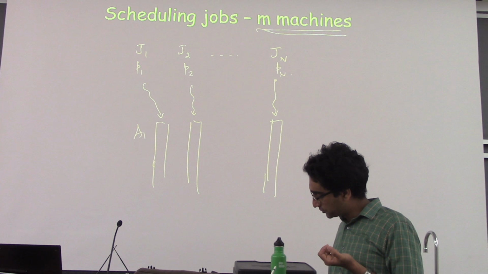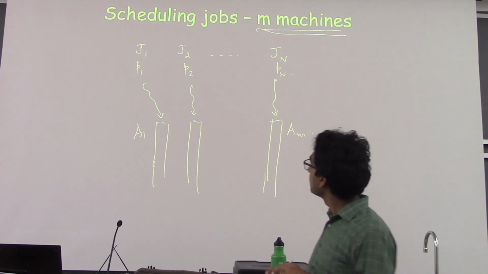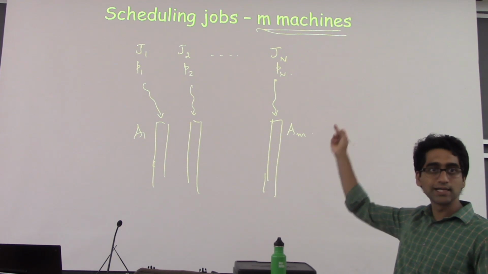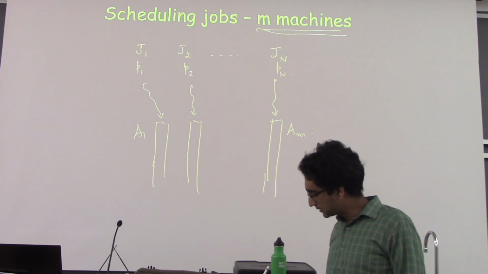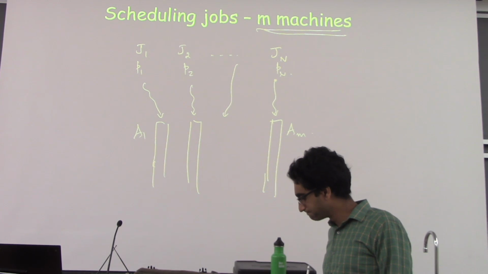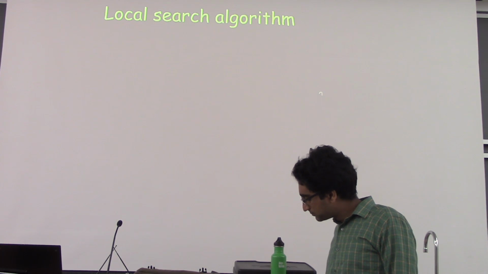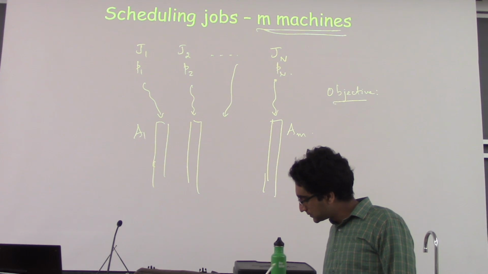And I want to assign each job J to some machine Ai. So let's say this one goes to some machine. And what's the objective?